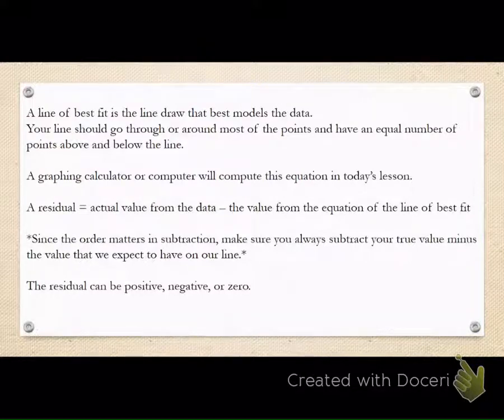A residual is the actual value from the data, so the point plotted on the graph, minus the value from the equation. So this is the point on the line.